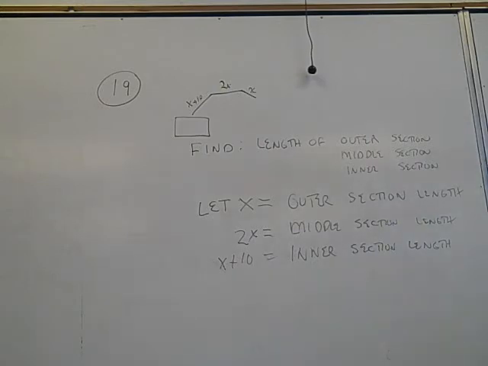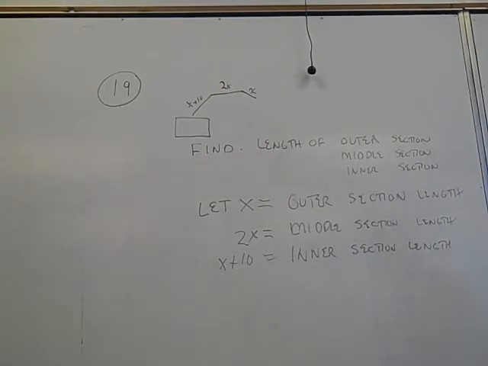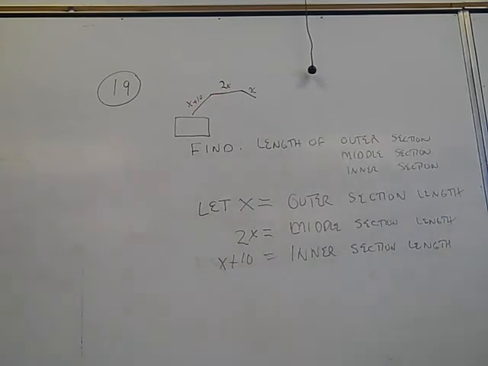Now, what's the piece of information in English that relates these lengths together? What's the English language piece of information the problem gives you? What's the only piece of information in that problem that we really haven't written on the board that looks maybe like it's relevant?